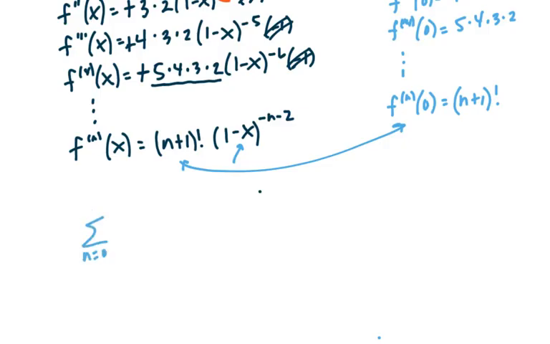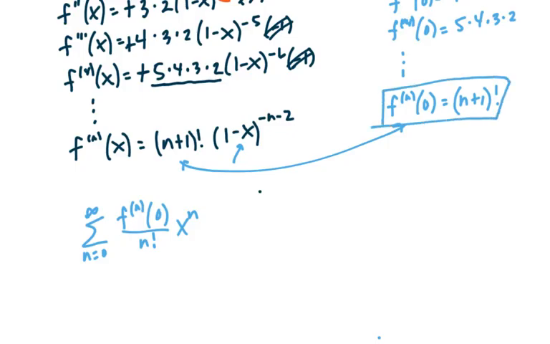So we have the summation from n equals 0 to infinity. And our Maclaurin series says the nth derivative at 0 over n factorial times x to the n. So let's plug in our nth derivative at 0 to be n plus 1 factorial. So that means we have the sum from n equals 0 to infinity of n plus 1 factorial over n factorial x to the n.